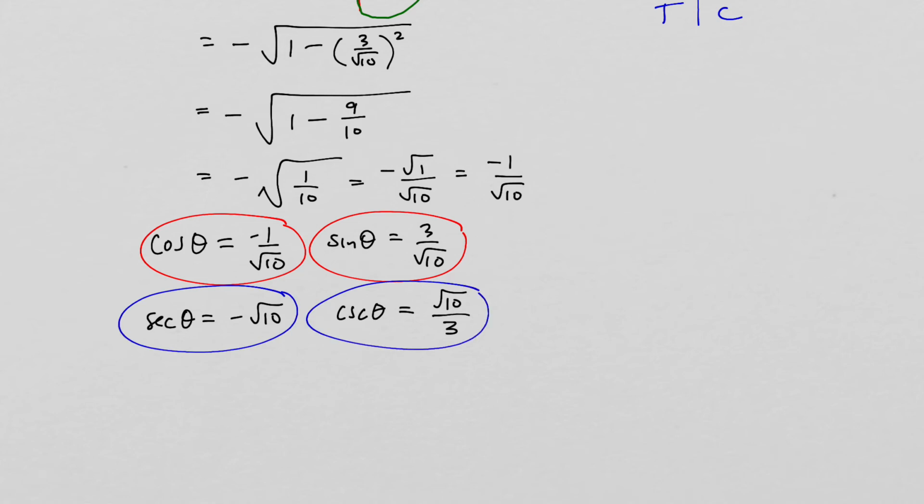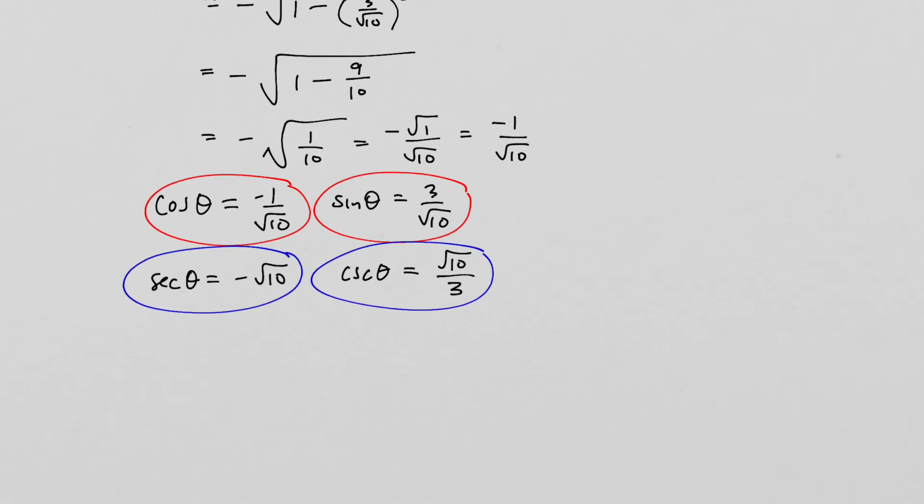And then the only other ones we need to find are tangent and cotangent. But tangent, remember, is sine divided by cosine. And sine, we know, is 3 over radical 10. And cosine is negative 1 over radical 10.